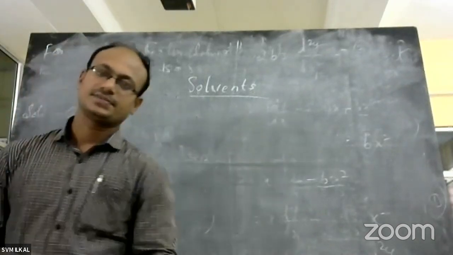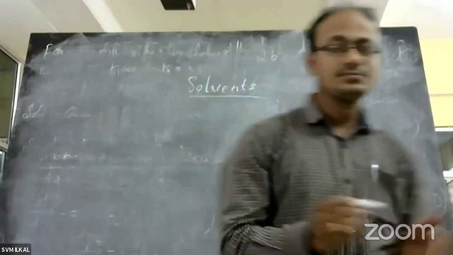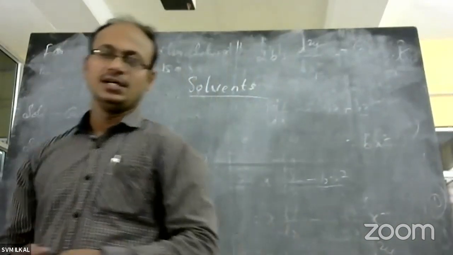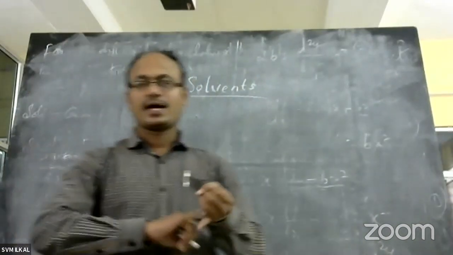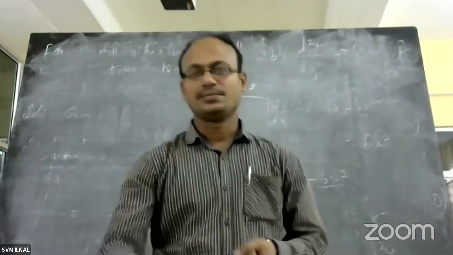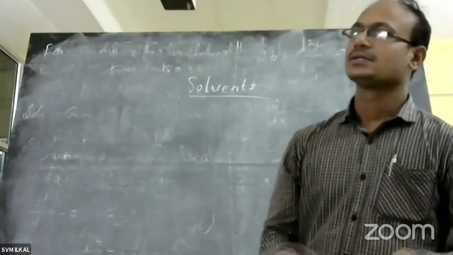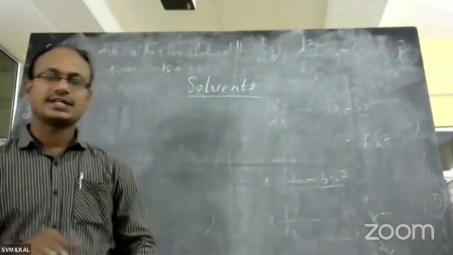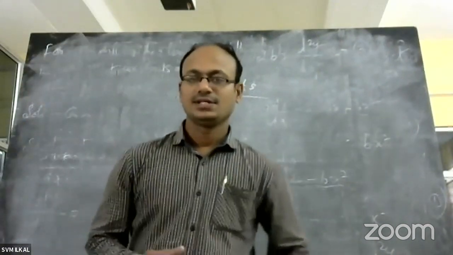Then, if we talk about the types of solvents according to Lowry-Bronsted theory, we talk about acidic solvent, basic solvent, then protic solvents and aprotic solvents. These are all concepts we studied in the previous class.